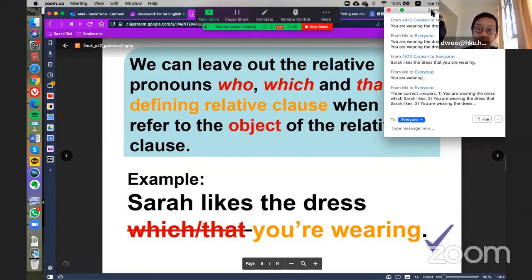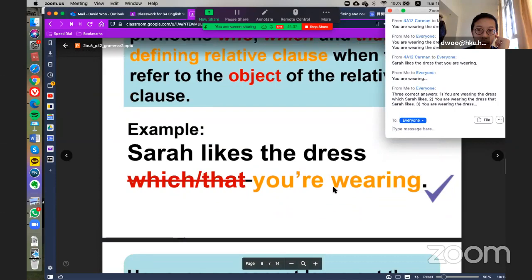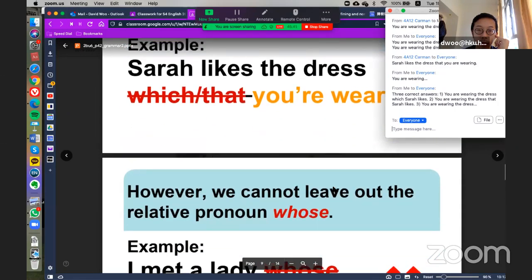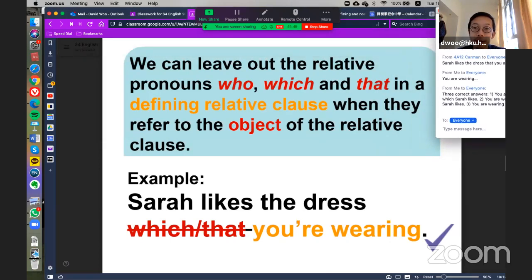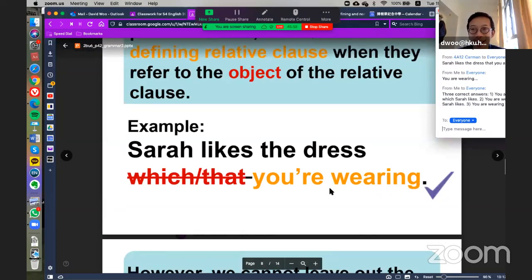Actually, three correct answers. Well, there are three correct answers, boys and girls. I'm just letting you know. I'm not going to tell you what the third correct answer is.